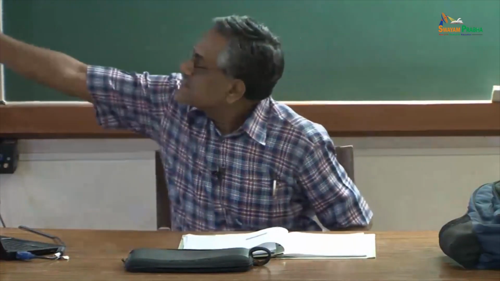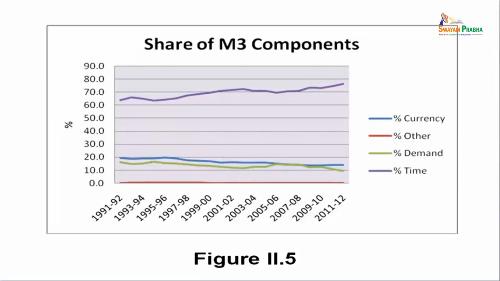As a matter of fact, this has a downward trend, minor downward trend, negative slope hai dekhiye, the blue and the green line here.